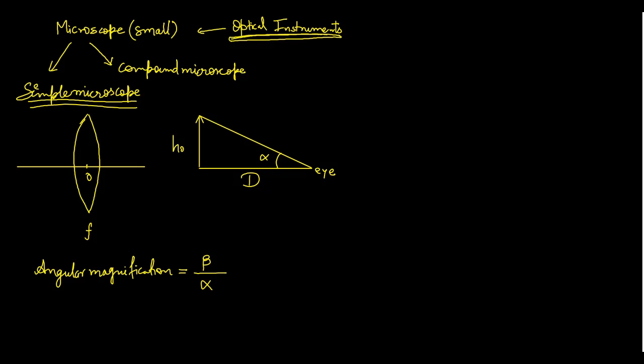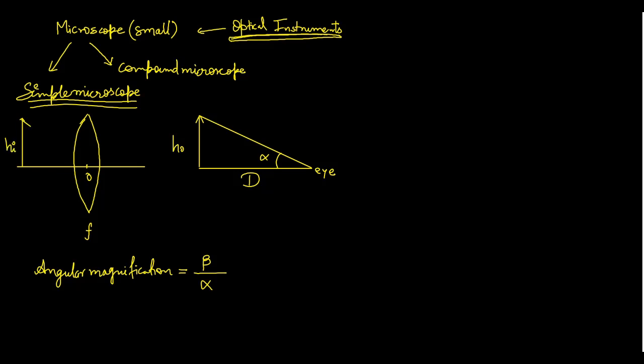Now, when we use a convex lens, suppose this is the convex lens which we are using, and its image is formed. Let's say this is the height of the image, hi.